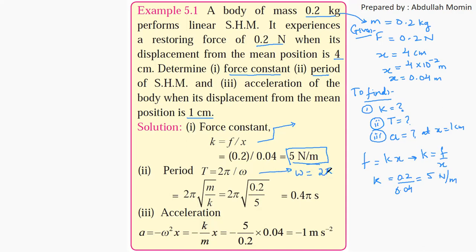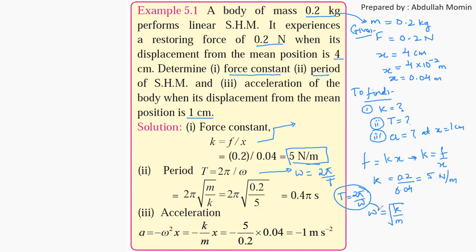We know that omega is equal to 2 pi by capital T, so T is equal to 2 pi by omega. We also know that omega is root k by m.